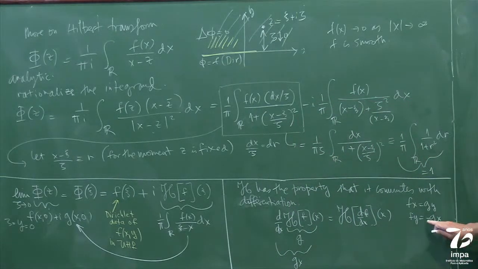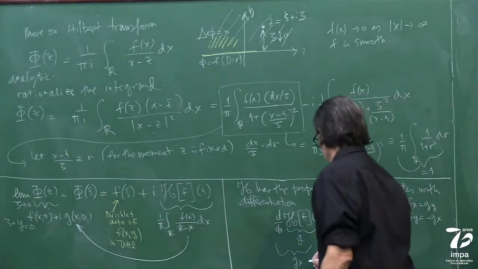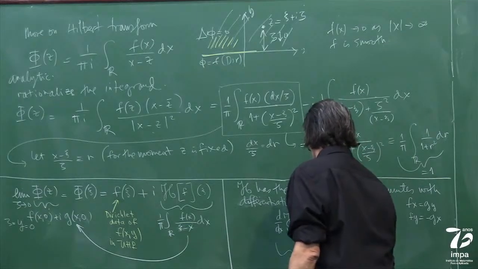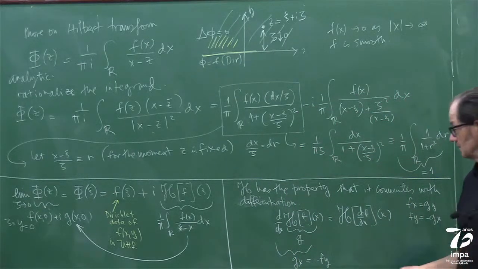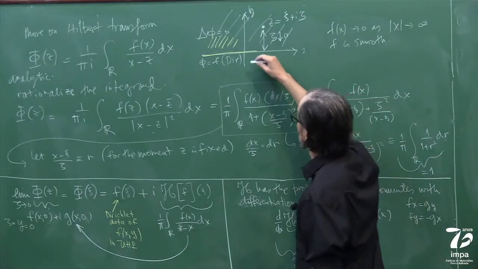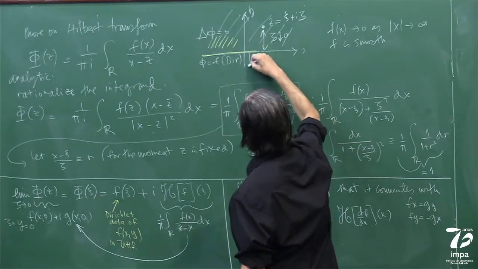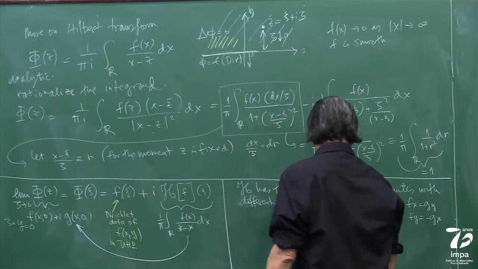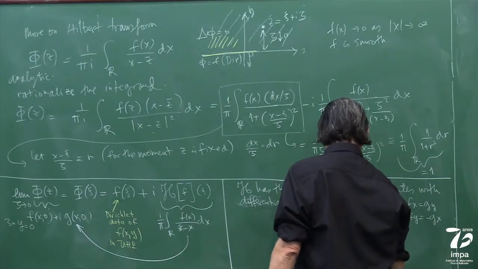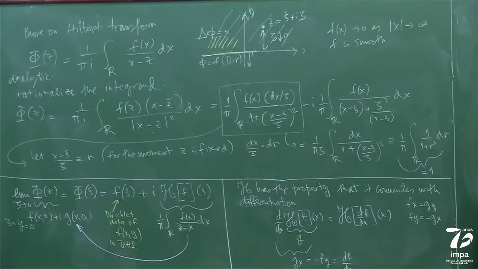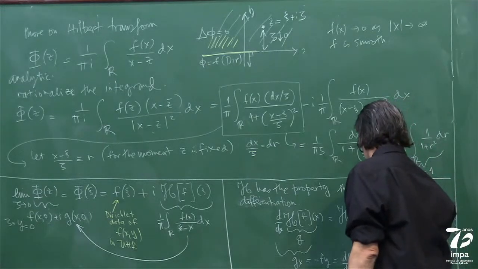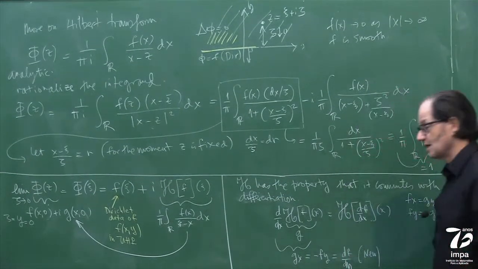Oh, but Gx is minus Fy. Which is here minus Fy, which is df dn, the Neumann data.